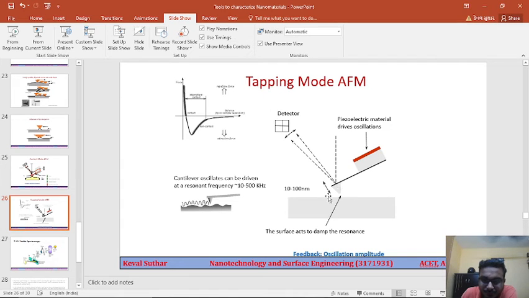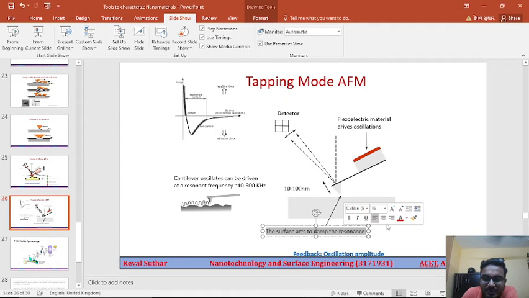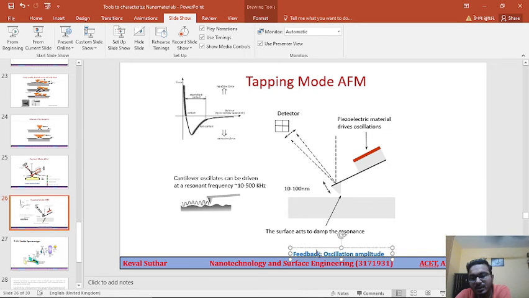Here the tapping can be in the range of 10 to 100 nanometers distance, and in this figure the dotted line is the laser beam, and the refracted laser is received by the detector, and the surface acts to damp the resonance.